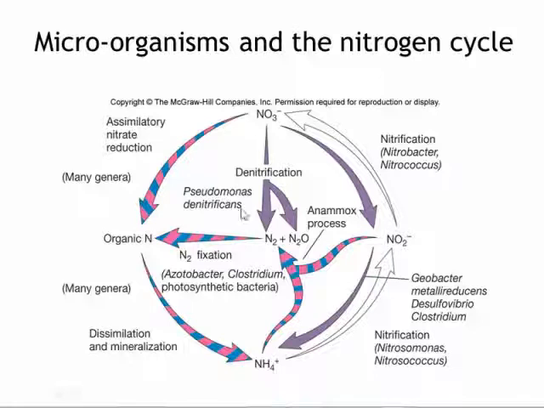Now, it's amazing that nitrogen fixation can ever happen because it is so energetically unfavorable. Nitrogen gas in the atmosphere is fantastically stable. You can't set it alight and burn it. It's incredibly stable.